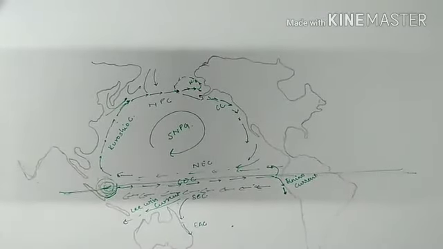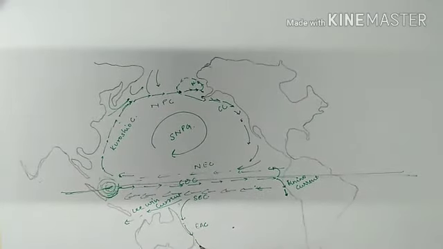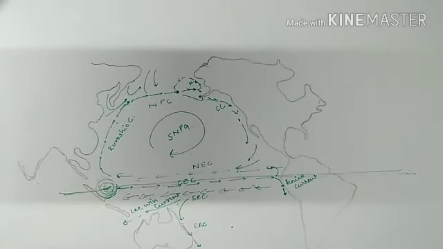Now this Eastern Australian current, as it comes towards the south, comes under the influence of the west wind drift which was coming from the Indian Ocean, and it starts moving towards the South American coast, and this is also known as the west wind drift.